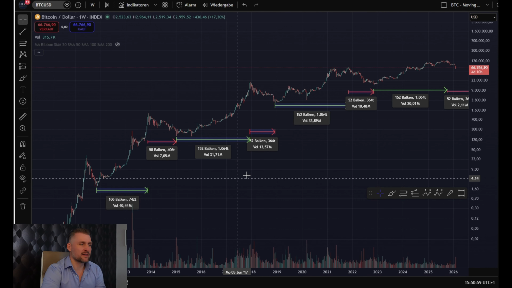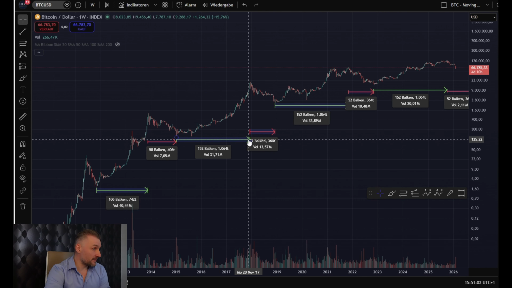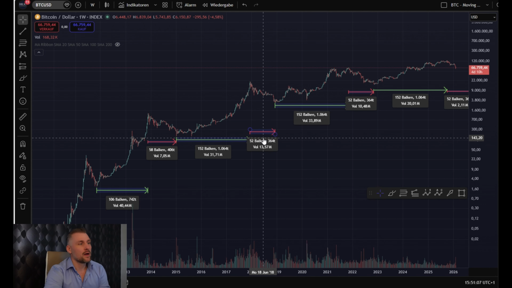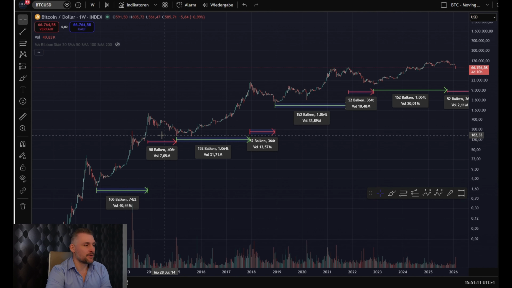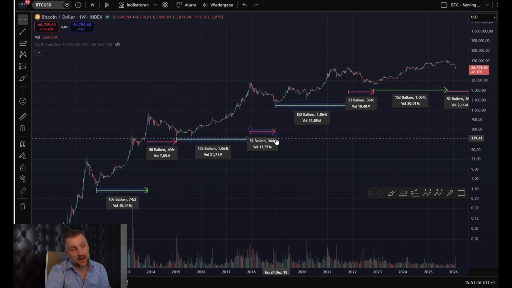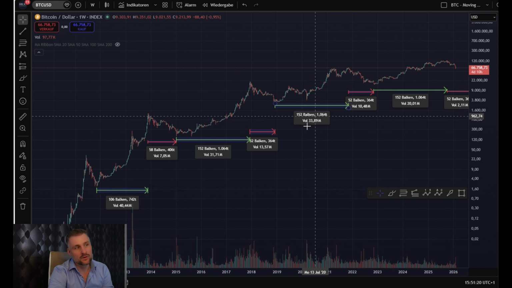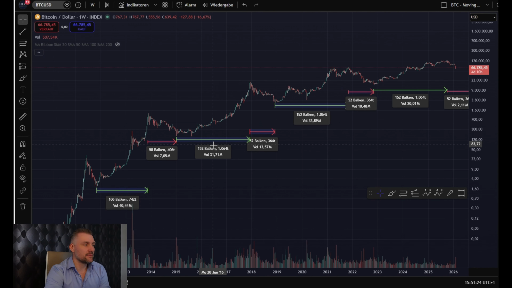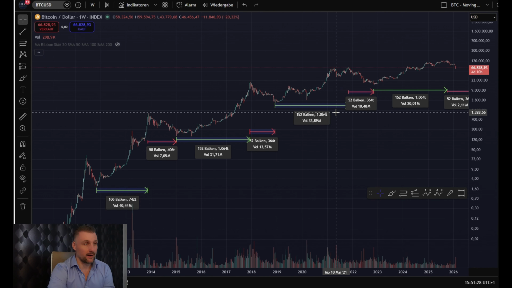And then it's getting interesting because the corrective phase afterwards took 52 weeks, pretty much the same length as the previous bear market. Again, after that, the next bull run took pretty much the same length as the previous bull cycle, exactly 152 weeks again.